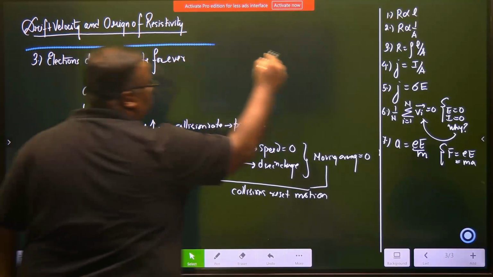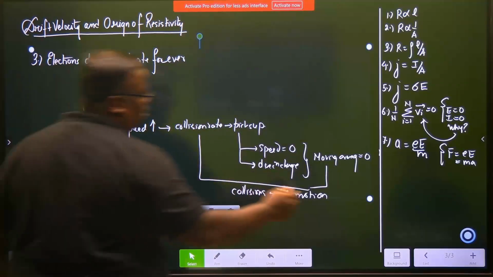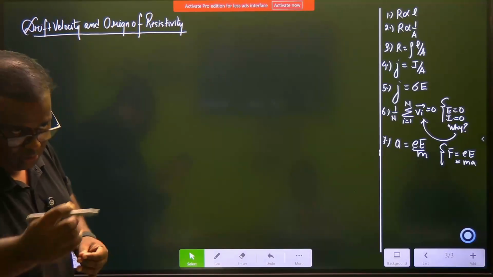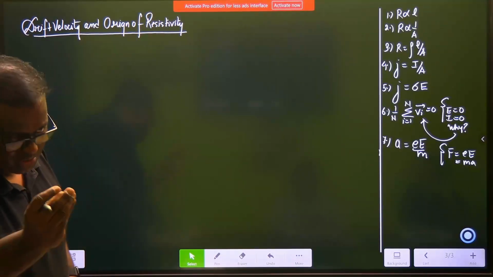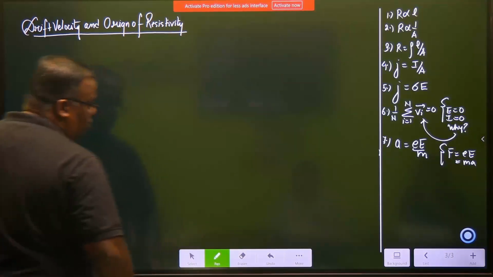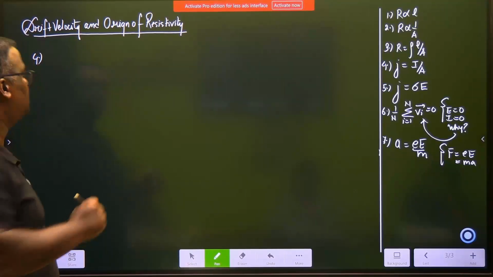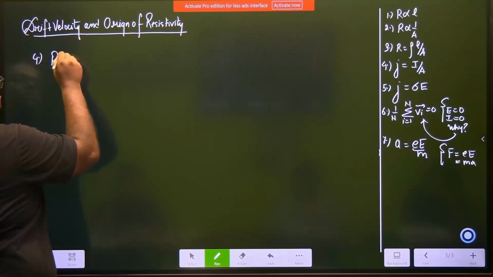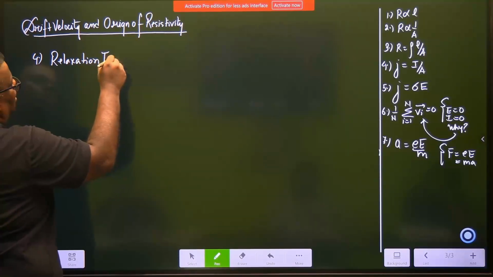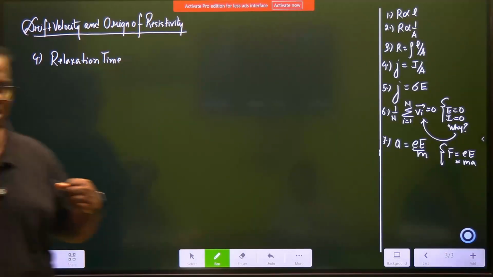But between one collision and another collision, there was some time available for you to move. So we bring a new term here, which is our fourth topic. We call it the relaxation time. Have you seen boxing matches? Tap, tap, tap, tap.